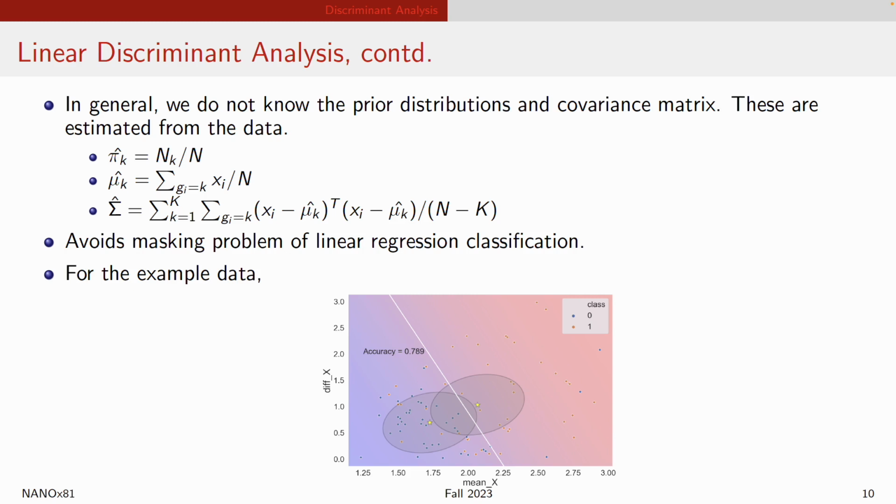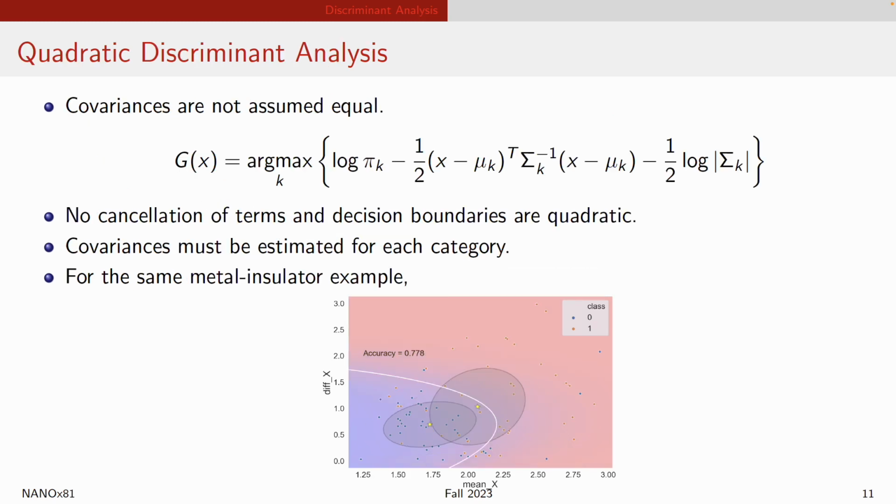In quadratic discriminant analysis, you're going to take each of the classes in turn, and you have a covariance matrix for every single class. Okay, so that's the difference between linear and quadratic discriminant analysis.